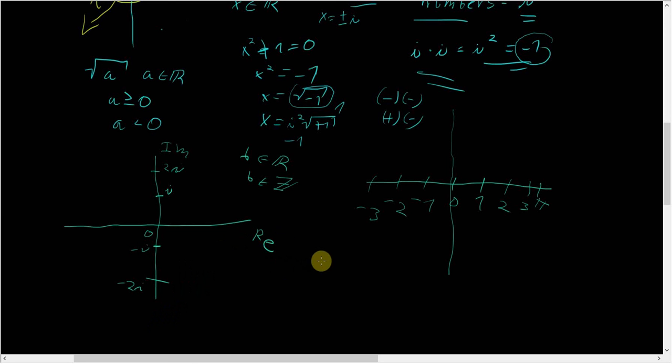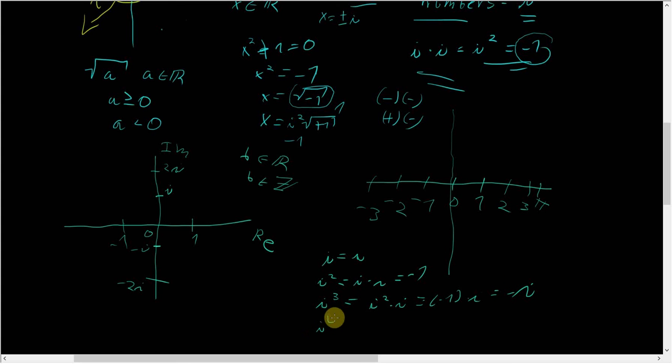Now, what you'll notice probably is that some things start to repeat. So if i equals i and i squared equals i times i, and that equals -1, then what does i to the third power look like? It's i squared times i, which is basically, if this is -1, -1 times i is -i.